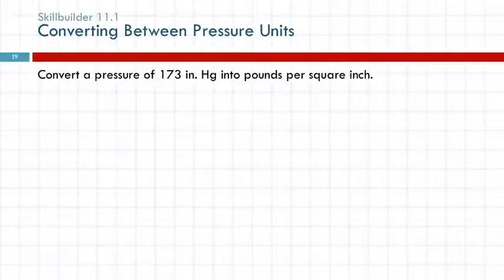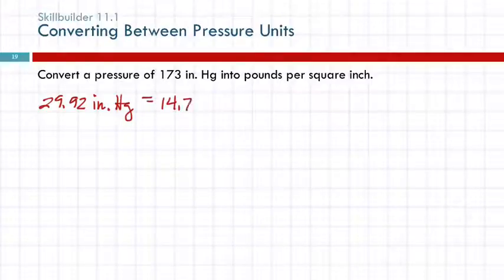So I'm going to write that down. 29.92 inches of mercury is equal to 14.7 PSI. That's the relationship I need. I wrote it down because otherwise I'll forget.